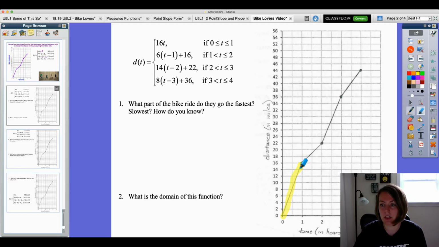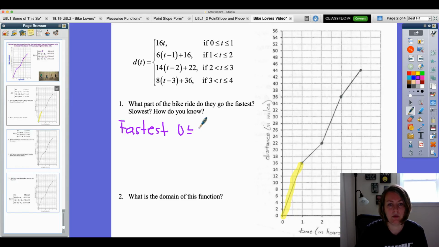Okay, so from here to here is my fastest. So fastest from 0 to 1, and we can say that that was 16 miles.